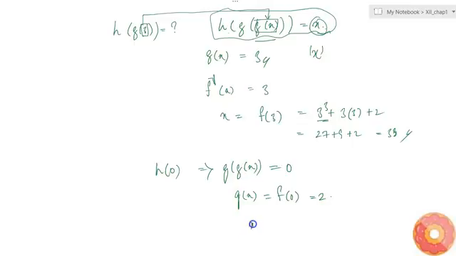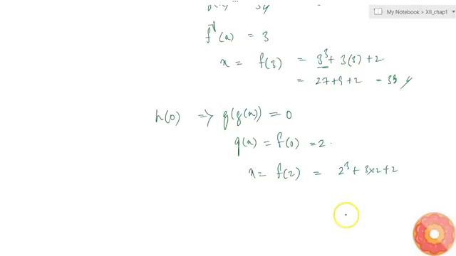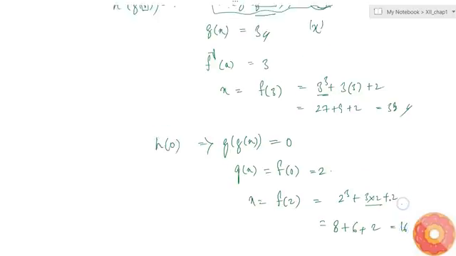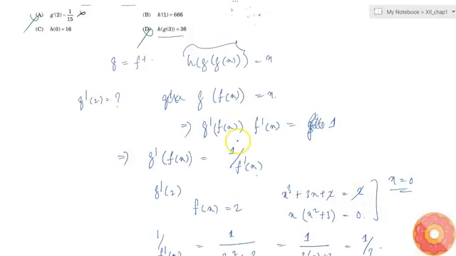Now we get h of 0 is f of 2, which is 2 cube plus 3 into 2 plus 2, that is 8 plus 6 plus 2, which is 16. Yes, h of 0 equal to 16, and option C is right.